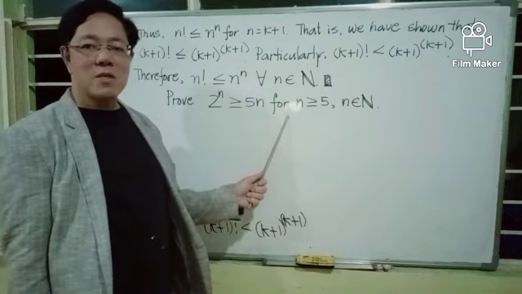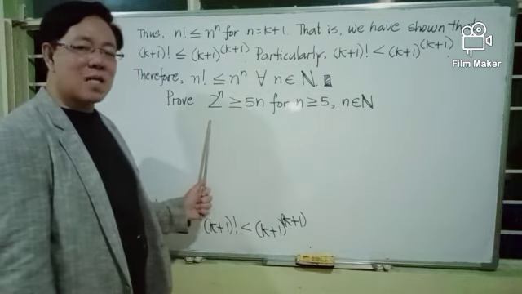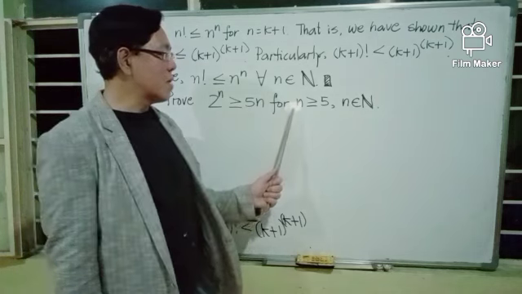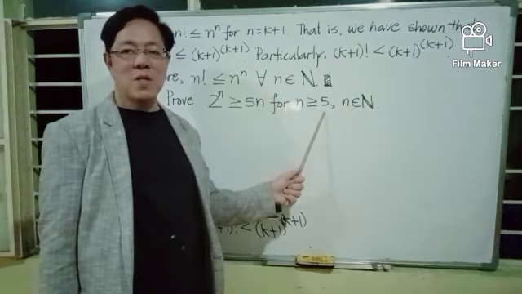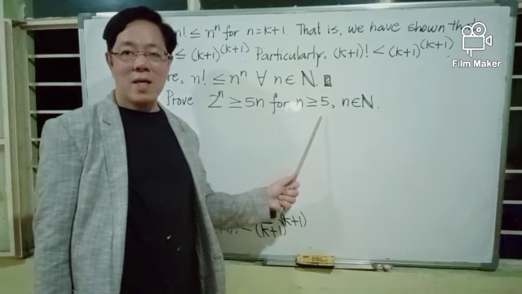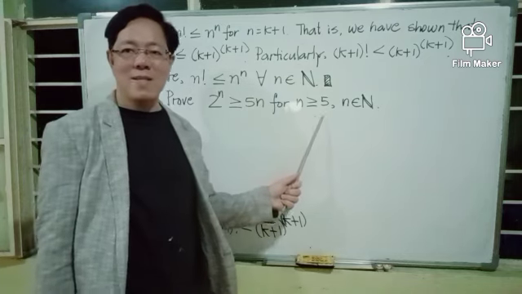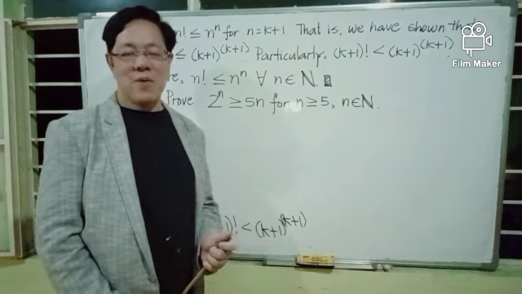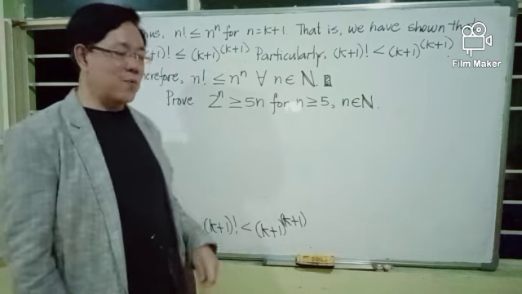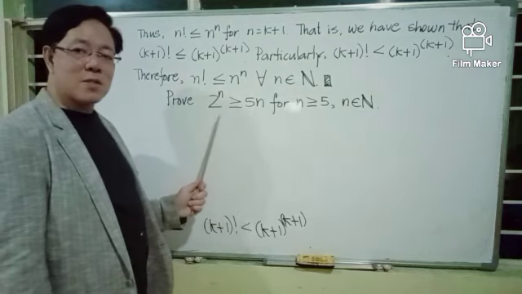Because we are given this condition that this mathematical statement is only true for natural numbers that are greater than or equal to 5, therefore, the smallest value that n can take is 5. And we assign n equals 5 for the first part of the proof, and we show that this is true.